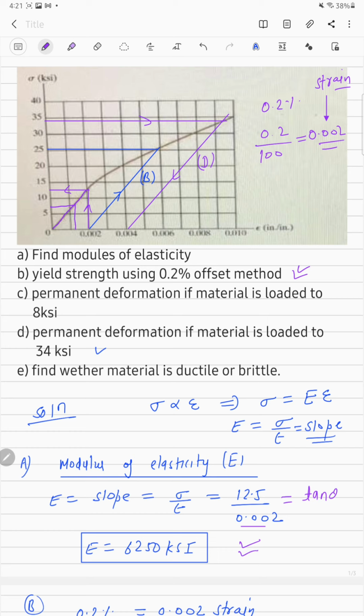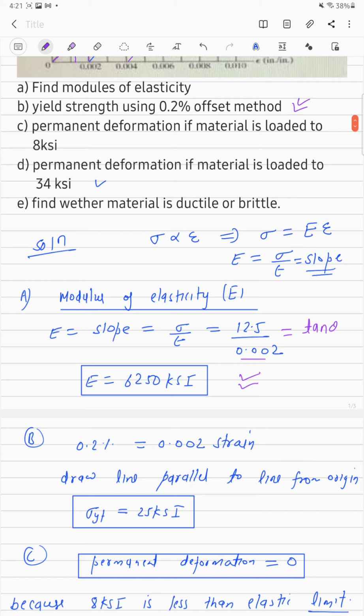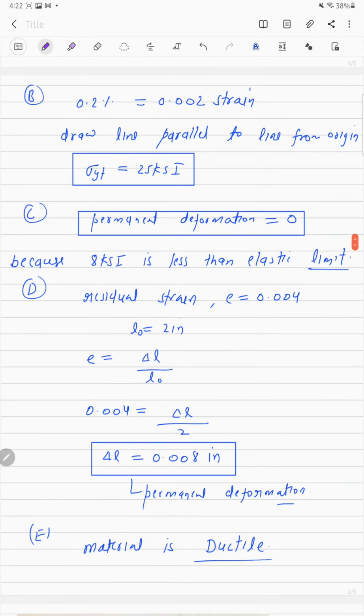It signifies that if we stretch or compress a material within the elastic limit, it will regain its original position when we remove the load. If it regains its original position, then what will be the deformation? Let's say this is a bar and we have loaded it with a tensile load. If we remove the load and the load lies within the elastic limit, it will regain its original position, meaning the elongation will retrieve back. So the net deformation will be zero.